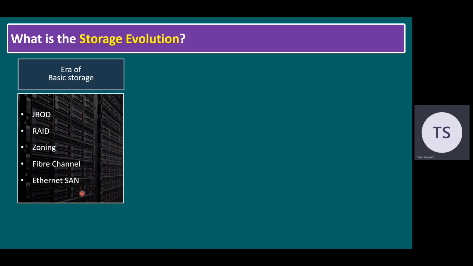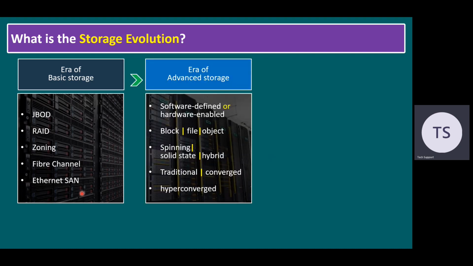Later on, advanced storage evolved. That means our traditional storage was enhanced to advanced storage. During the era of advanced storage, we have software defined storages or hardware enabled storages. Within that storage, we mainly have three types of storage access: block level access, file level access, and object level access.